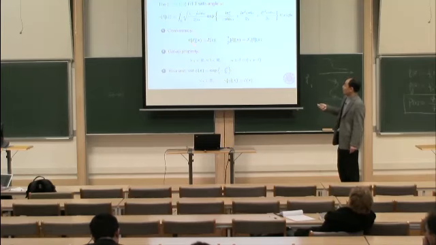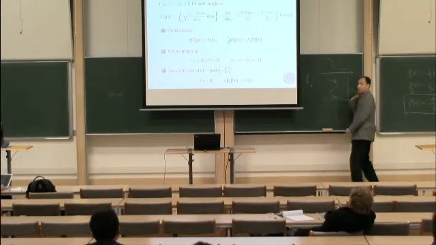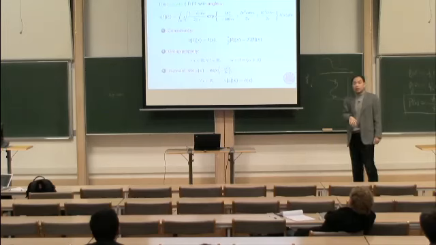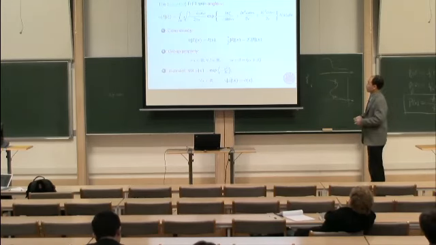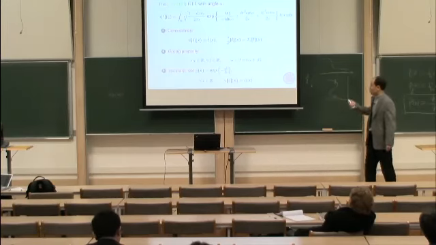And if the angle is pi over 2, you rotate the phase space in the anti-clockwise direction by 90 degrees. It's just the Fourier transform, but here I use the epsilon scale. This is almost the same.